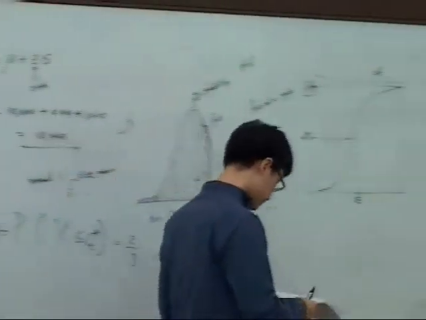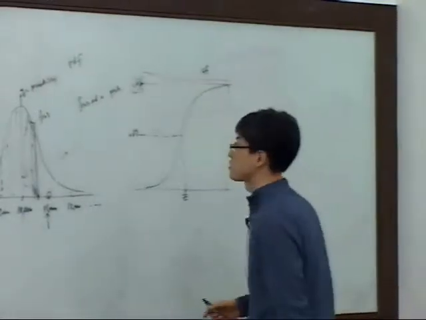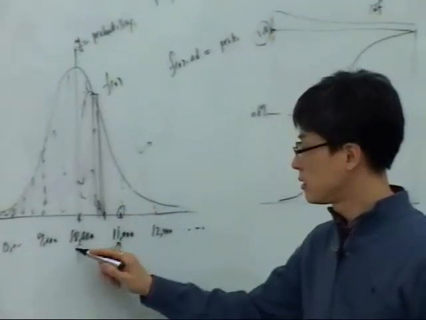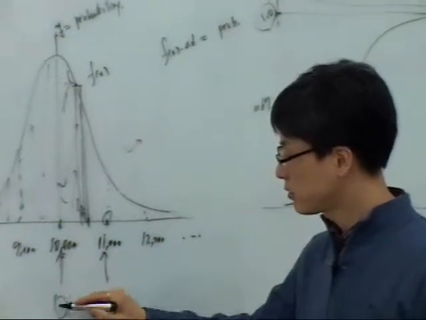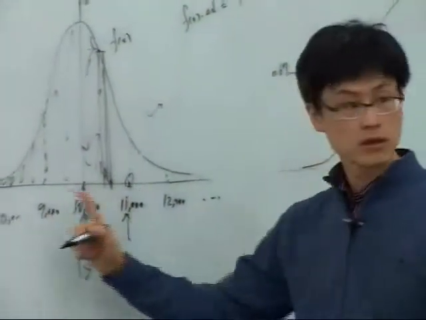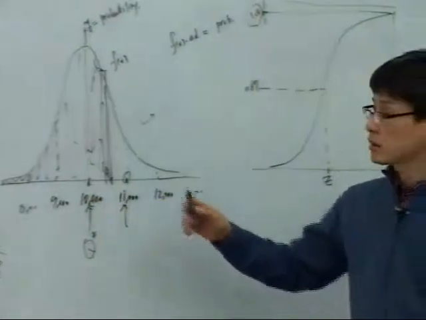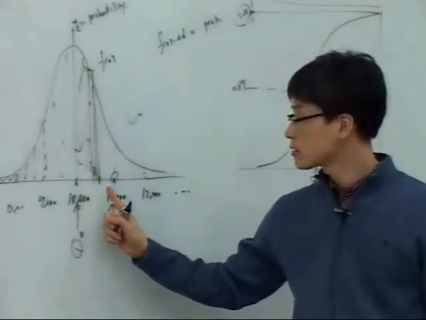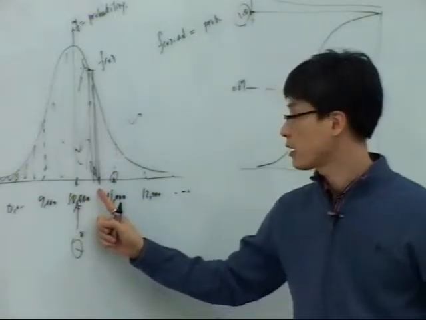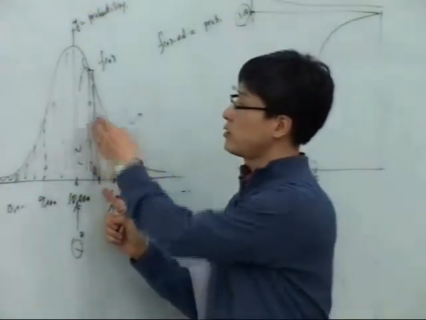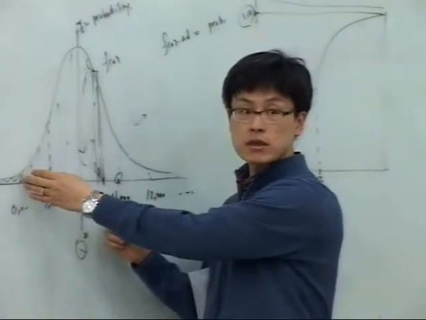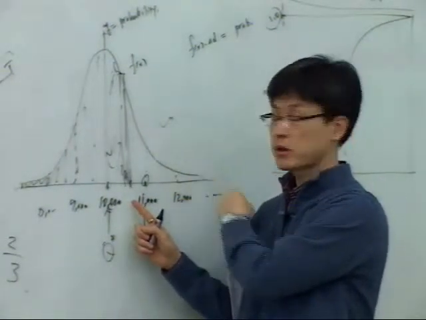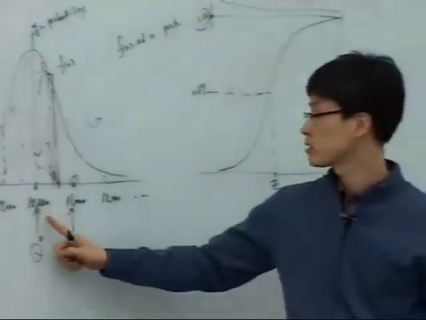If this is a normal distribution like this, we are determining Q star, which one? And in current example, our specific Q star is around here, where the area here is 67% and area here is 33%. Okay, that's the calculation of that.